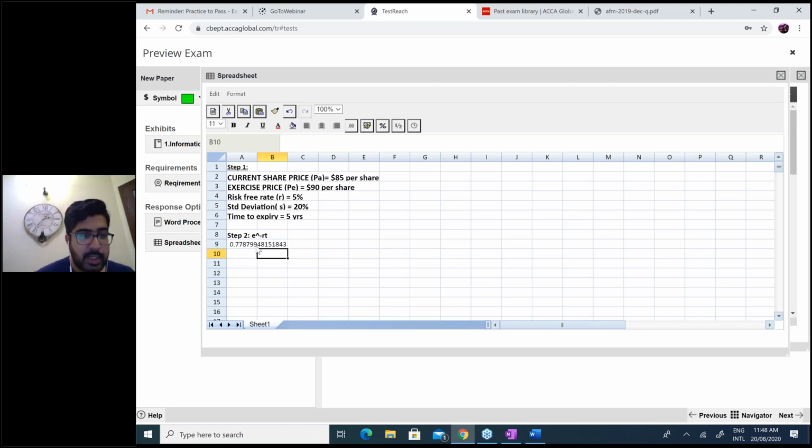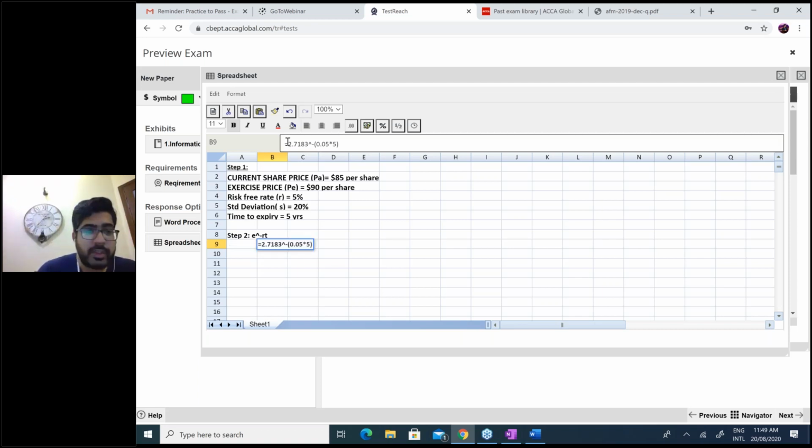Now, one thing I want to inform all of you, there are many people asking that do we need to show the formula separately? On Excel working, you don't need to show the formula separately. You can clearly see that here, if the marker clicks on it, he gets the formula that a student has taken, 2.7183 power minus R 0.05 T 5. So there's absolutely no need to show this.